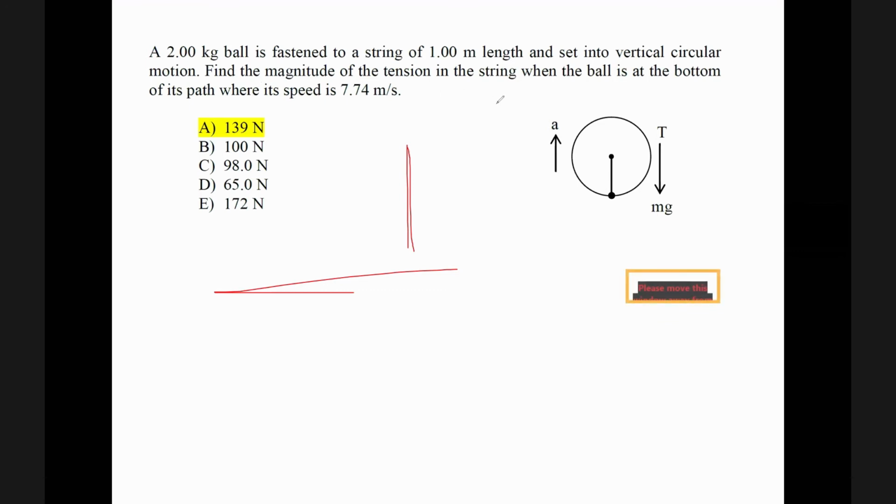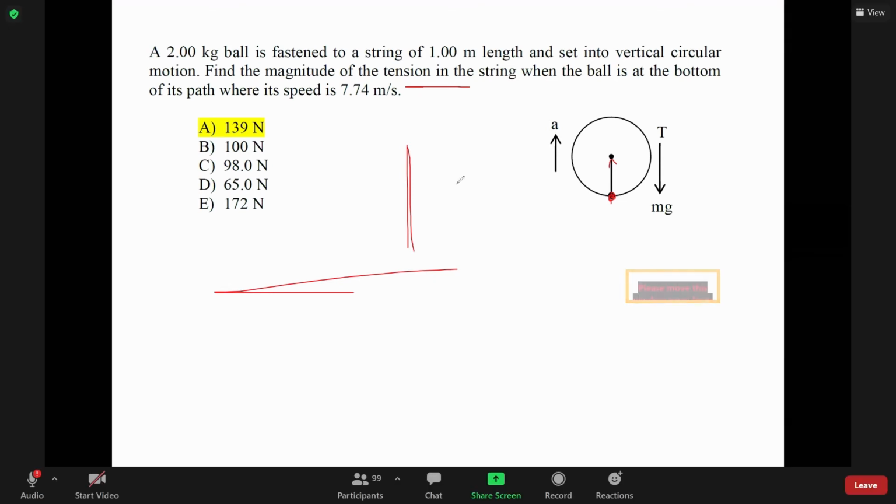Find the magnitude of the tension when the ball is at the bottom. When this ball is at the bottom, what are the forces affecting it? I have mg and the tension. Is there any normal force? Write down in the chat panel. What's the normal force in this example? Of course, zero.